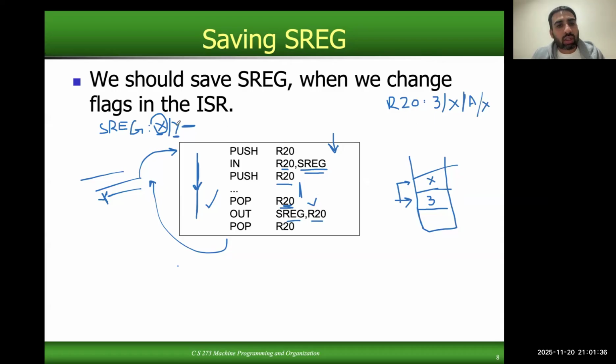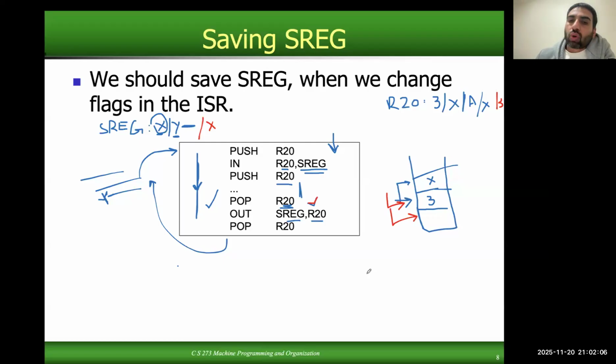Now it will be set equal to X. And after that you are saying pop R20. When you did the first pop, the stack pointer was decremented after that. And now on the second pop, this value of 3 will be written into R20, and the stack pointer will be decremented again.